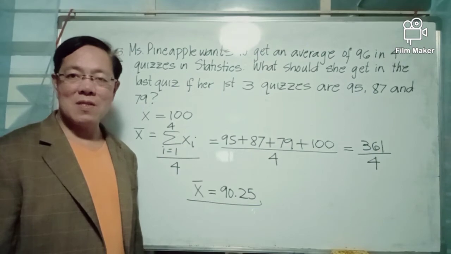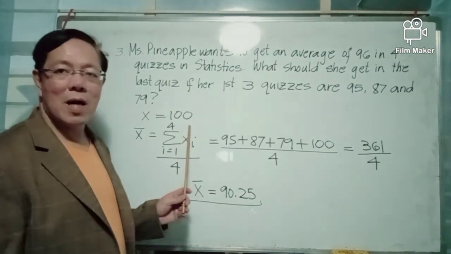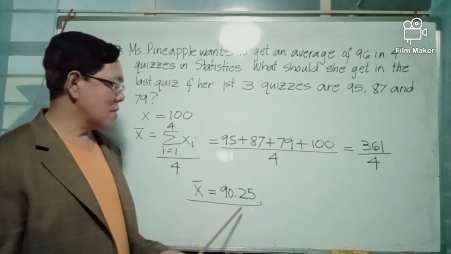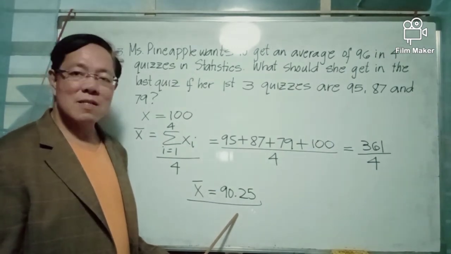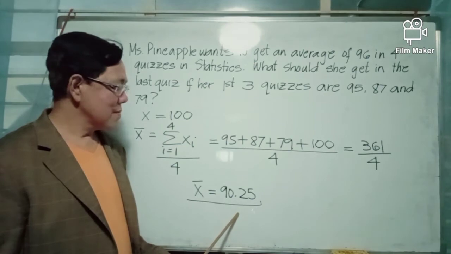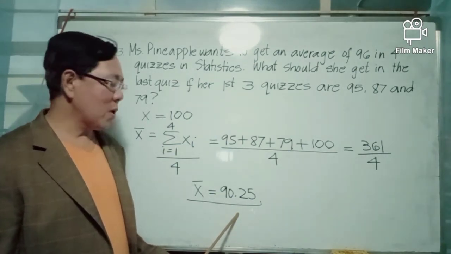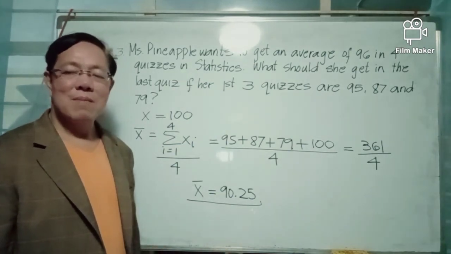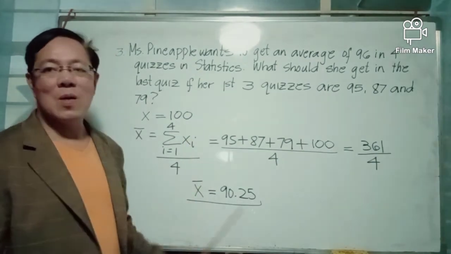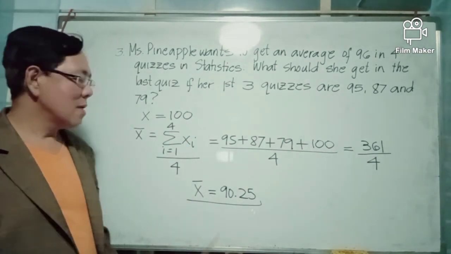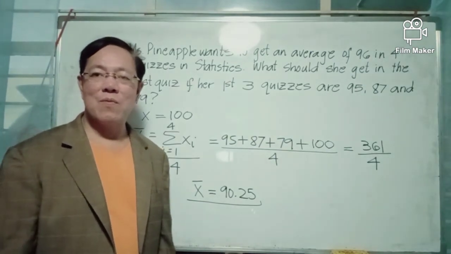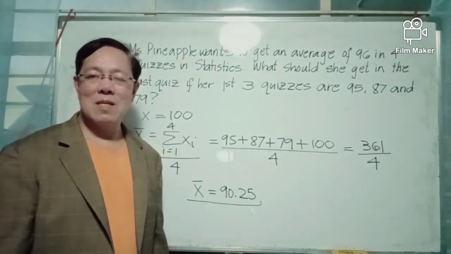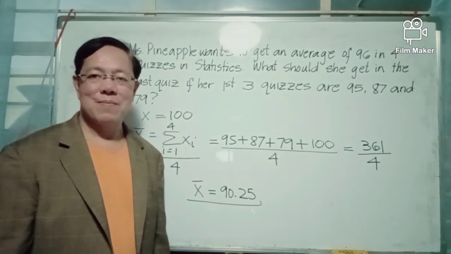But if she fails to get a perfect score of 100 in the last quiz, her average in the 4 quizzes will be smaller than 90.25. But if she gets a perfect score of 100 in the 4th quiz, she will get an average of 90.25 in the 4 quizzes, which is not bad.